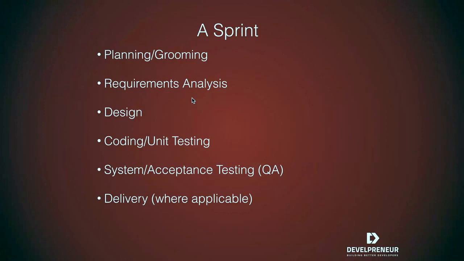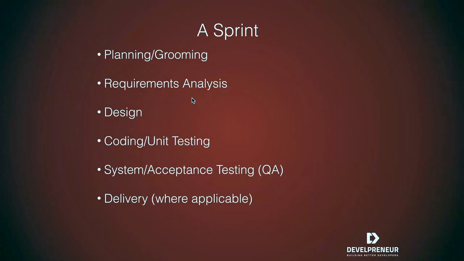A key piece, and we're going to see this as we go into our example of an Agile project, or at least that methodology, using the Agile methodology with a project, is a sprint. What a sprint is, basically, is we're going to take what the project would be and break it into all these little mini projects.